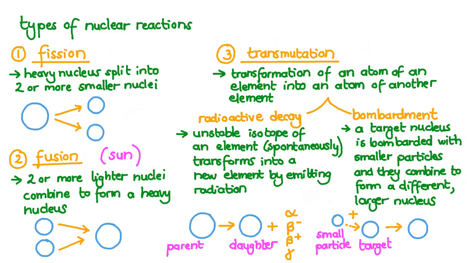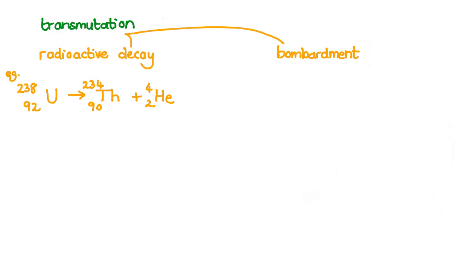Let's clear some space and have a look at some specific examples of radioactive decay and bombardment reactions. This nuclear equation for radioactive decay is the first transmutation step in a series of decay steps of uranium-238. The unstable uranium-238 nucleus emits an alpha particle and decays into thorium-234 in the process.